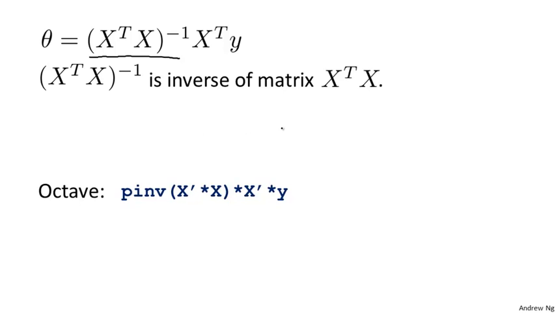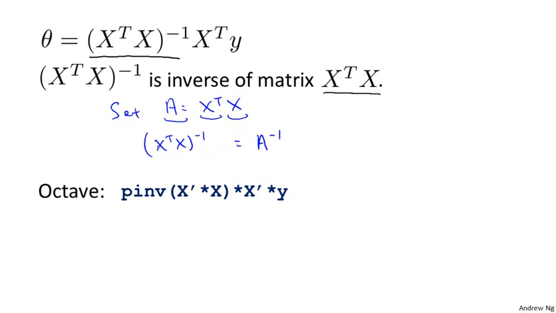Well, it is the inverse of the matrix X transpose X. Concretely, if you set A to be equal to X transpose times X, so X transpose is a matrix, and X transpose times X gives you another matrix that we'll call A, then X transpose X inverse is just taking this matrix A and inverting it. It's equal to A inverse, and that's how you compute this thing. You compute X transpose X, and then you compute its inverse.